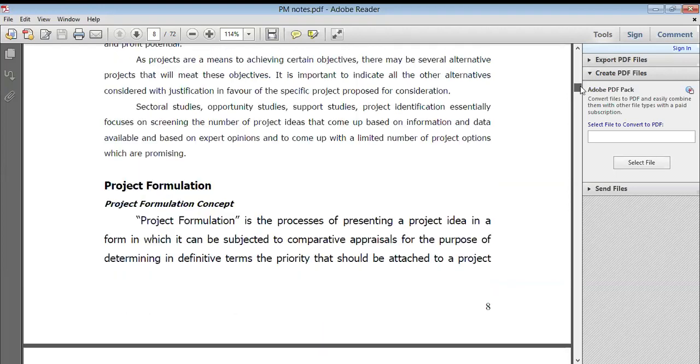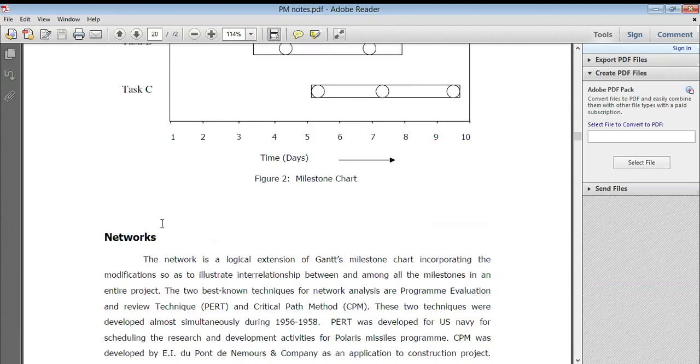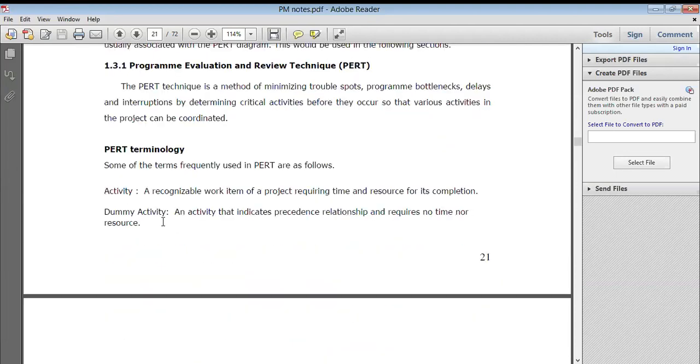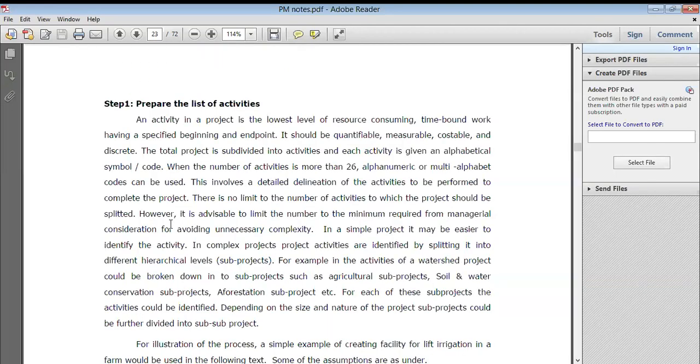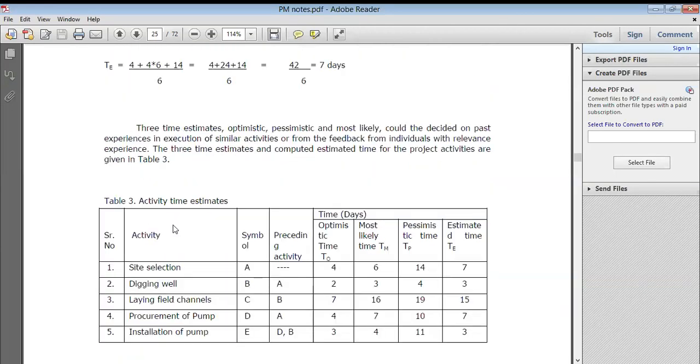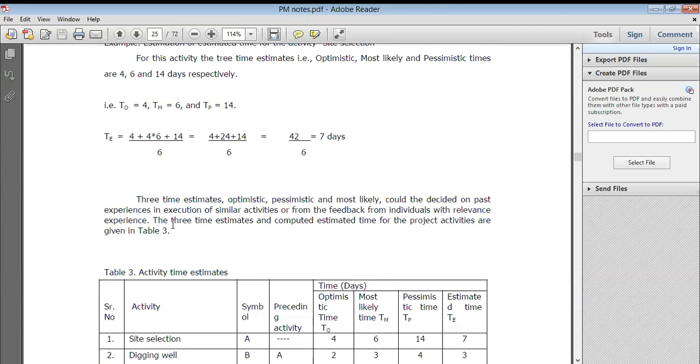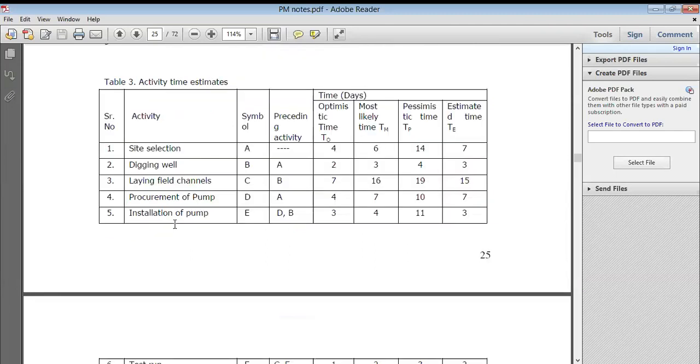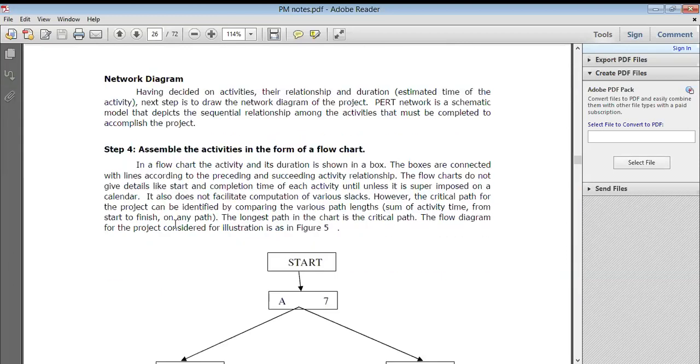So that day, last Friday, we saw how we calculate the critical path. We use a very easy method, and the formula uses TO, TM, and TP. TO means optimistic time, TM means most likely time, and TP is the pessimistic time.